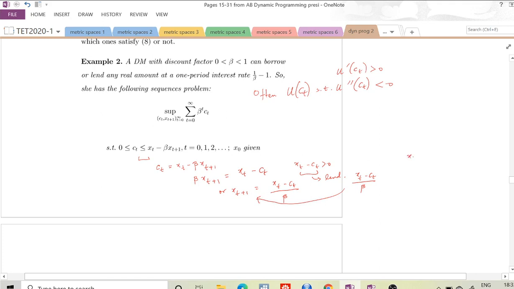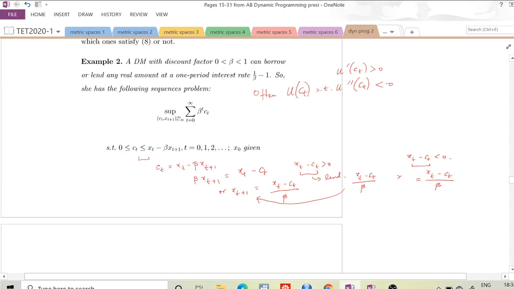On the other hand, if xt minus ct is negative, that means my ct is exceeding my xt. How do I manage that? I manage that by borrowing the remaining amount, right? So next period I have to pay back, this is debt, I'm indebted and I pay back this amount.